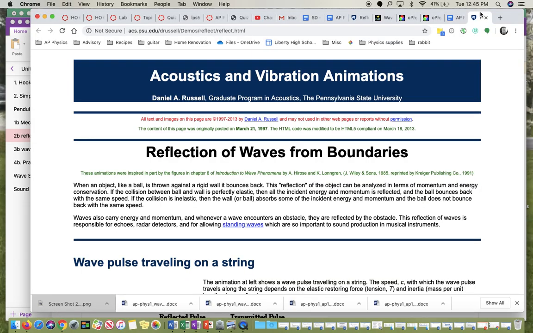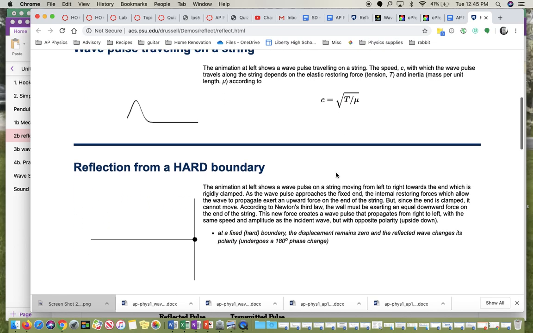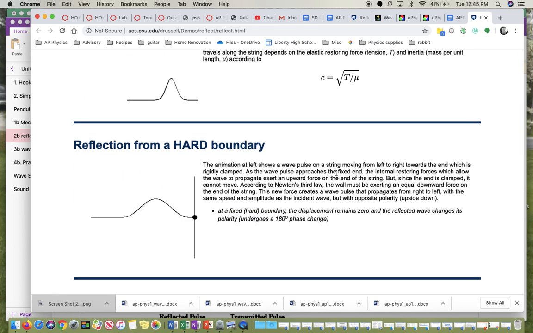But I want to go through this website here real quick and go through all of the different types of wave reflections. All right, so if we have a rope attached to the wall and it's a fixed boundary up against the wall and I snap the rope one time, the wave will propagate towards the wall, but then it's going to reflect off of the wall.